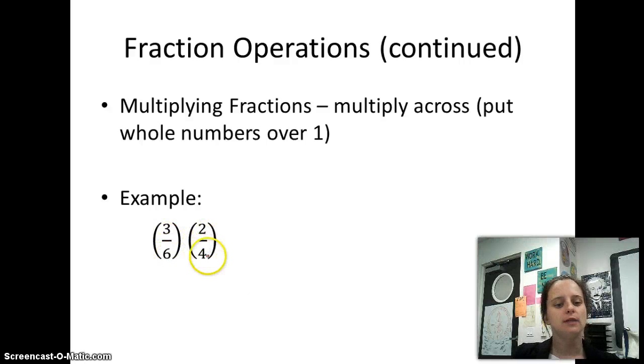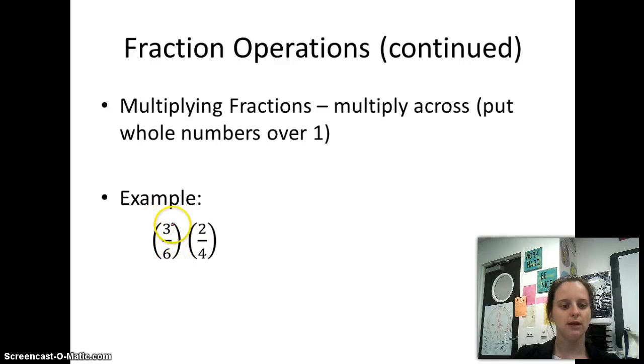Now, I'm going to tell you that a tip is to simplify your fractions before you start. And what that'll do is save you from having to simplify at the end of your multiplication. So 3/6, to simplify that, I'm going to say, is there a number that I can divide both 3 and 6 by? And there is. I can divide them both by 3. So what I'm going to do is rewrite this fraction, simplify.